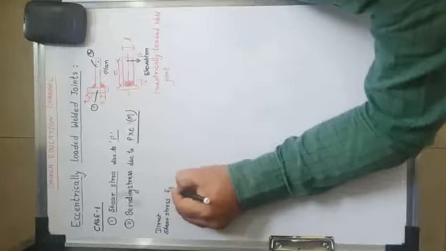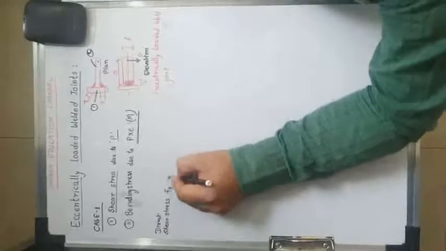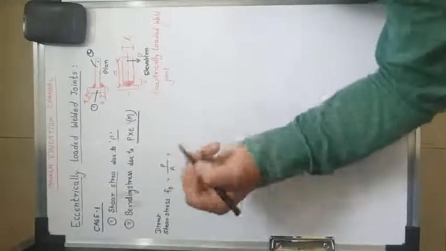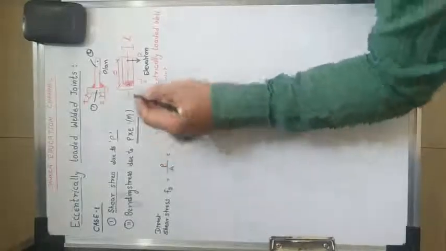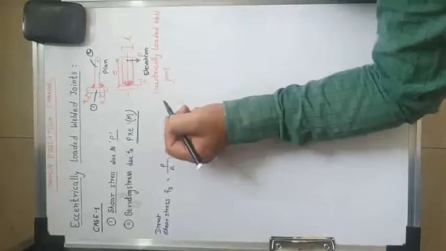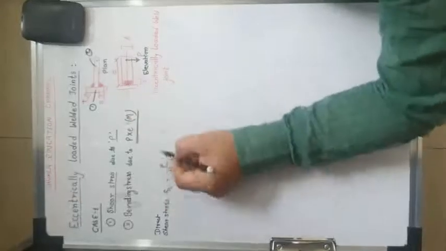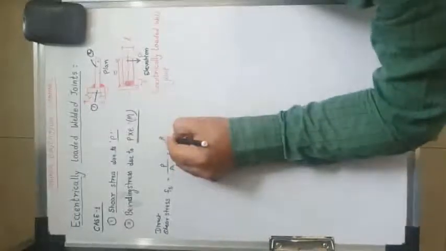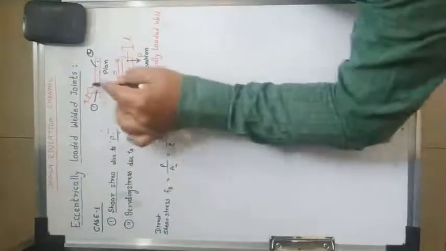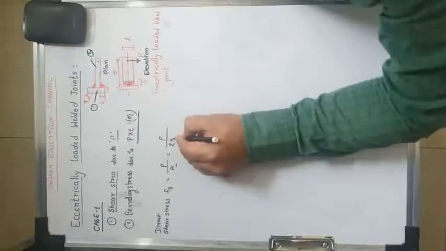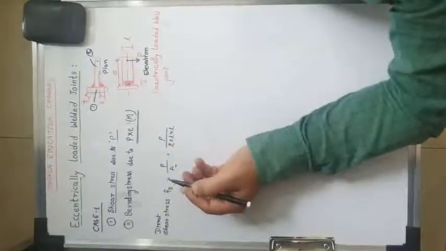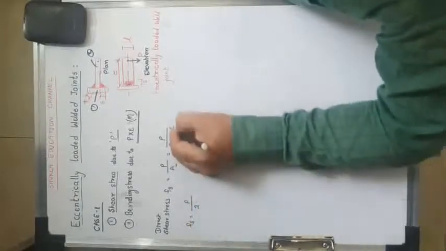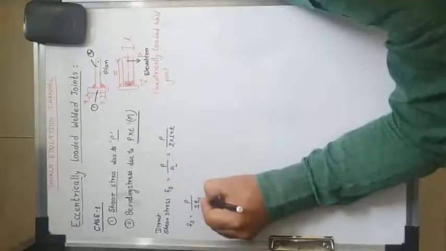Consider Fs. What is this Fs? It is directly P upon A, that is load upon area. What is the area? S is the welding size, T is the throat, so it is the throat area. Generally the throat area, so P upon 2, because there are two sides, 2 into T into L. This is simple. So Fs is equal to P upon 2TL.